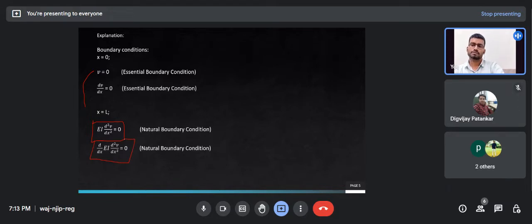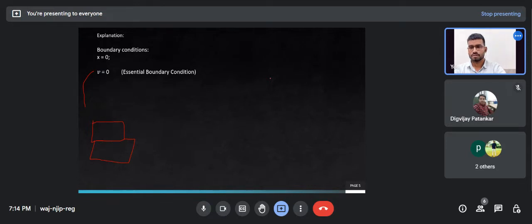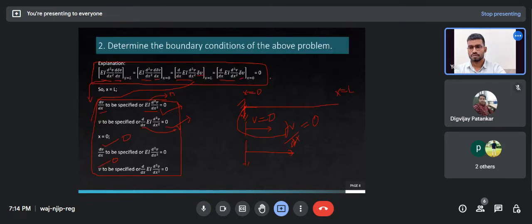And in the previous sessions, we have seen how to identify the boundary conditions, whether it is the essential or the natural one. So that we identify from the governing differential equations.